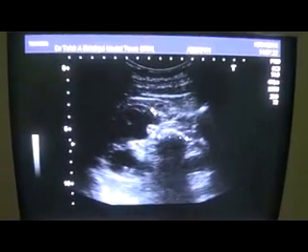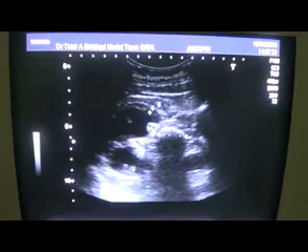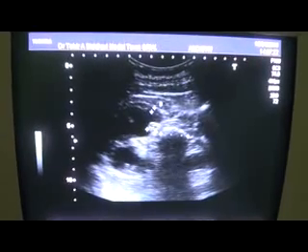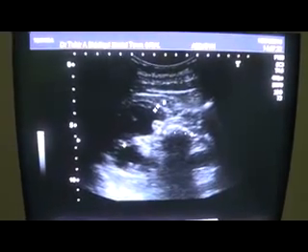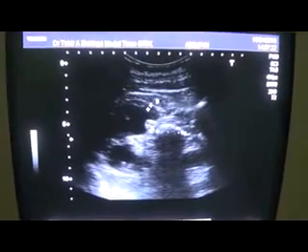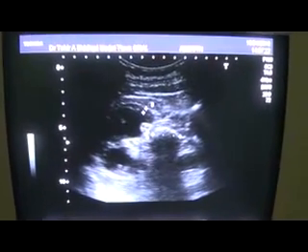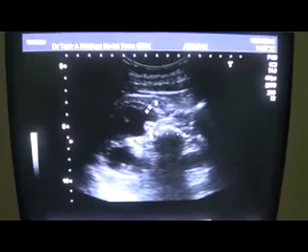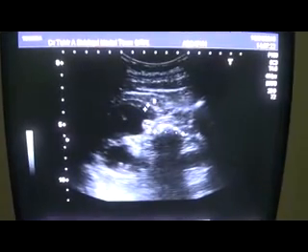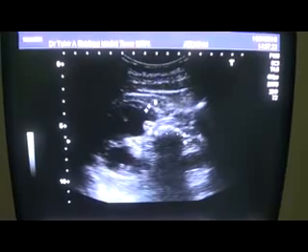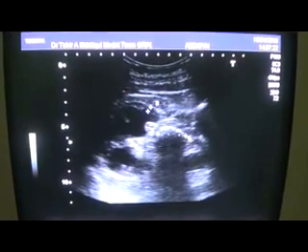measuring only 4.2 mm. Now this is the transverse section of the right kidney, and the calculus seen is extending from the non-dilated renal pelvis up to the proximal ureter here. This is the proximal one.